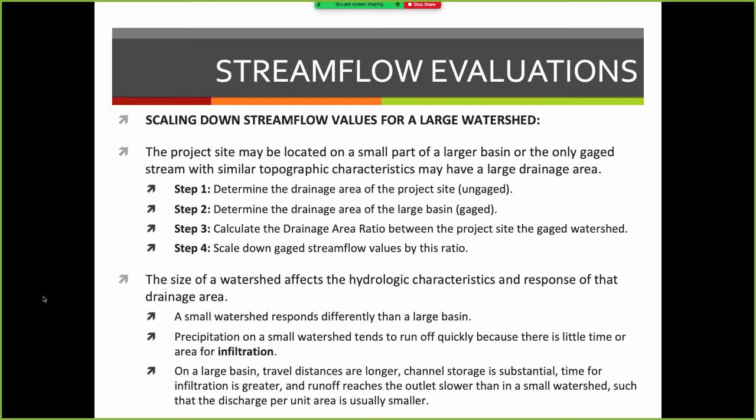And on large basins, in contrast, the travel distances are longer, the contact area is much greater, there's substantial channel storage and other on-watershed storage, and hence the runoff reaches the outlet slower relative to the input signal than on a small watershed. And often the discharge per unit area is smaller for a large basin.